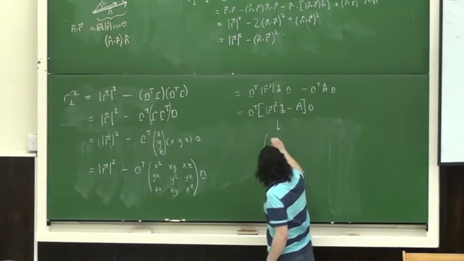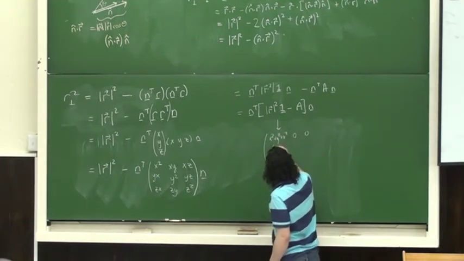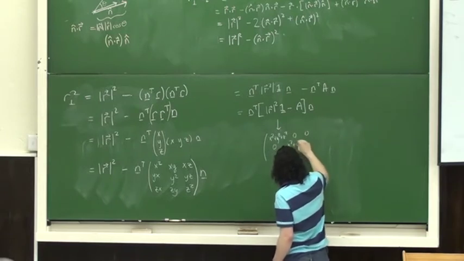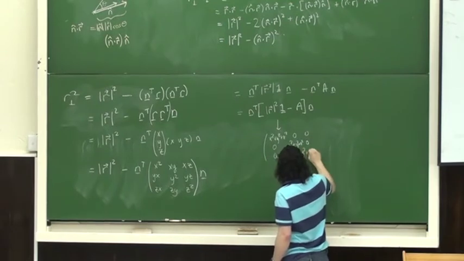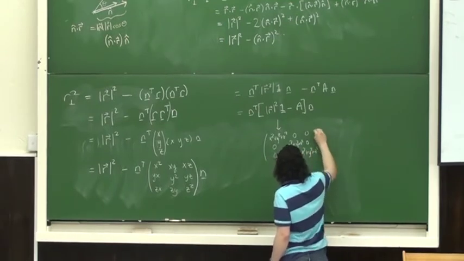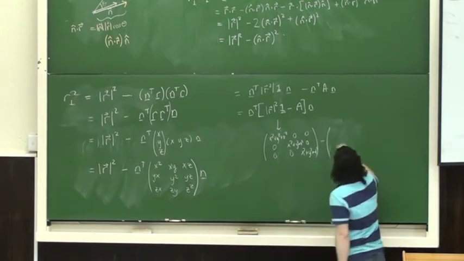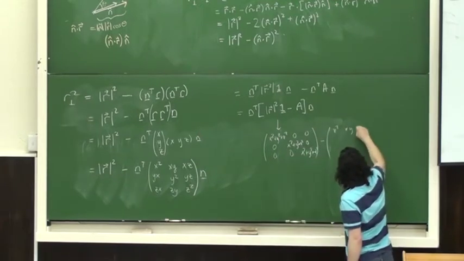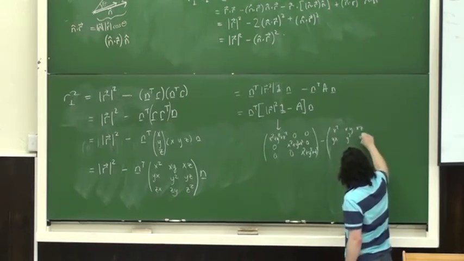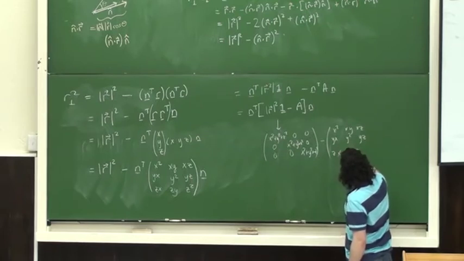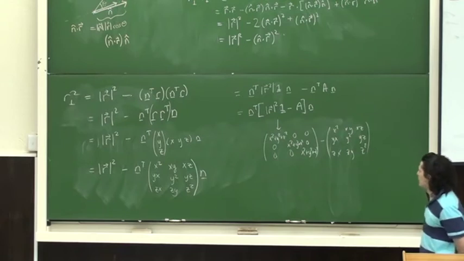So this matrix here looks like x squared plus y squared plus z squared, 0, 0, 0, x squared plus y squared plus z squared, 0, 0, 0, x squared plus y squared plus z squared, minus this matrix here: x squared, xy, xz, yx, y squared, yz, zx, zy, z squared. And when we subtract those, what do we get?